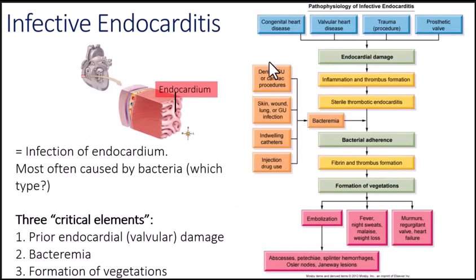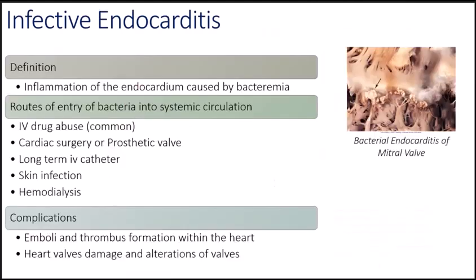And if we look back on this slide, there's also a list here. So some examples include somebody that abuses intravenous drugs, someone that's just had surgery or had a prosthetic valve in place. I talked about that a bit already. People that have indwelling IV catheters they're in there for a long period of time. They're more likely to cause an infection.